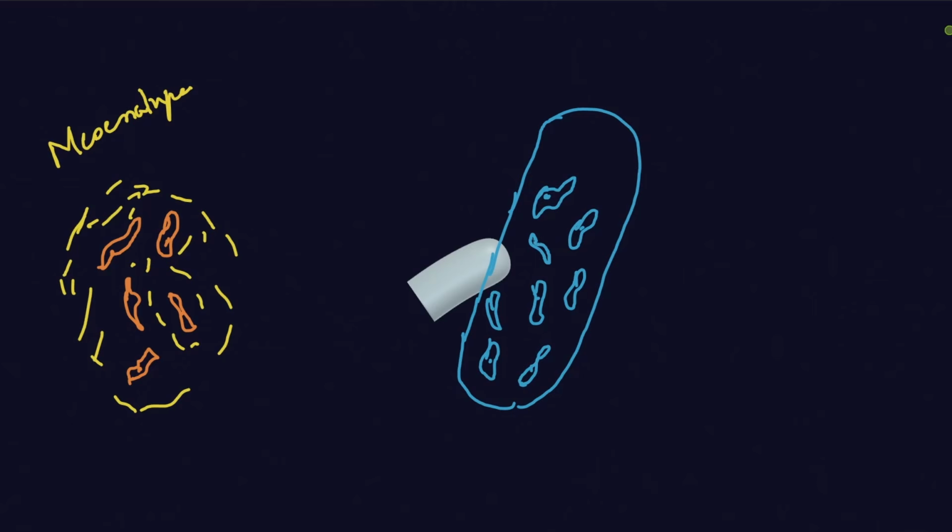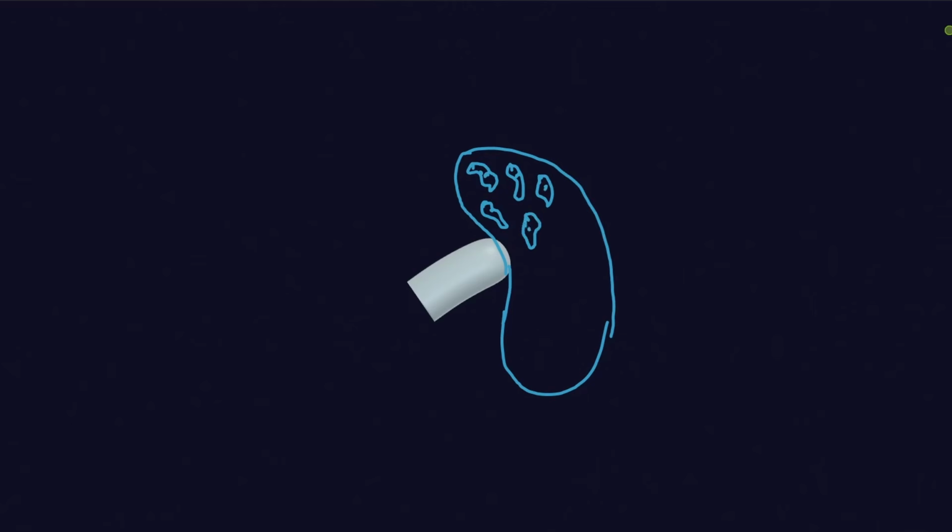Now what will happen is that this irregularly shaped and loosely arranged mesenchyme of the metanephros will come close together, and we say that this mesenchyme condenses. As this mesenchyme condenses, it forms a cap-like structure on this ureteric part. It will still contain irregularly shaped cells interspersed within the ground substance, but the difference is that these cells become close together.